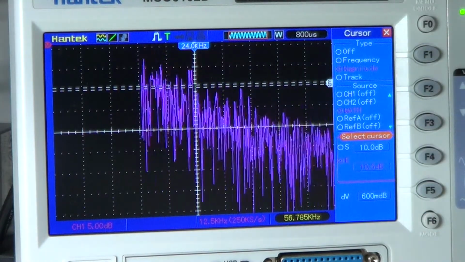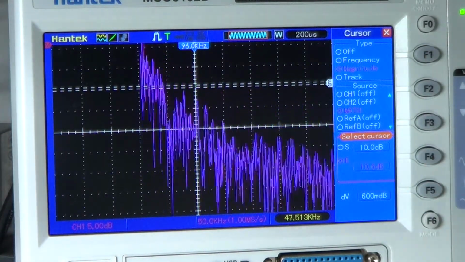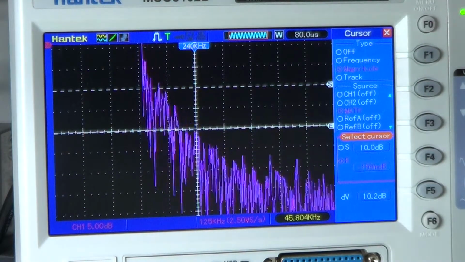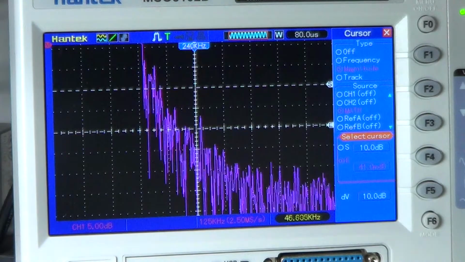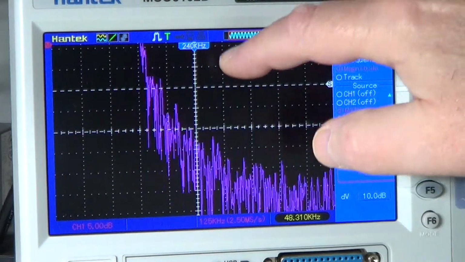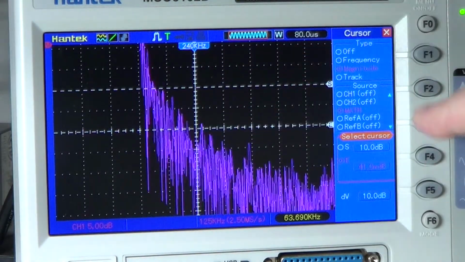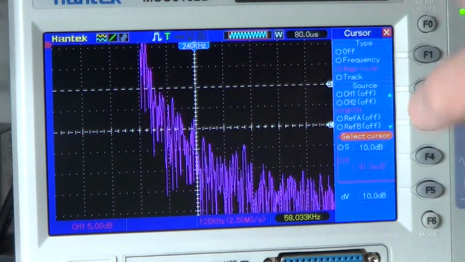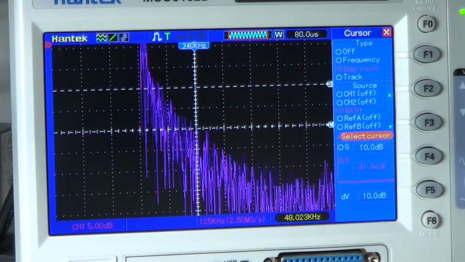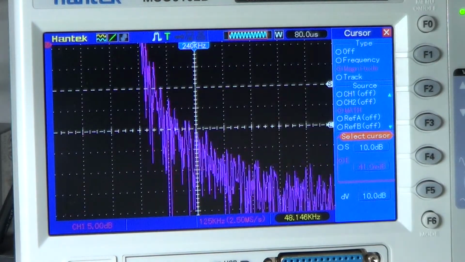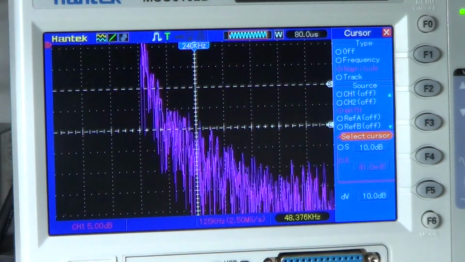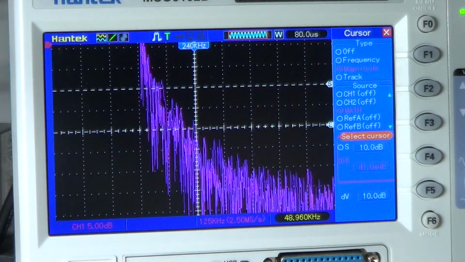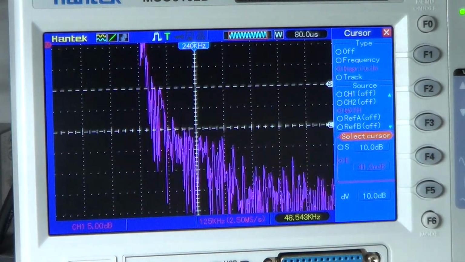Now I'm going to move to 240 kilohertz and measure it again. And it's actually about here, right? This was the beginning, this is the end, and the interval is 10 dBs. So basically, in a decade, the signal decreases by 10 dBs. So we say that this filter acts with an attenuation of 10 dBs per decade, which is the same as to say that the attenuation is 6 dBs per octave.